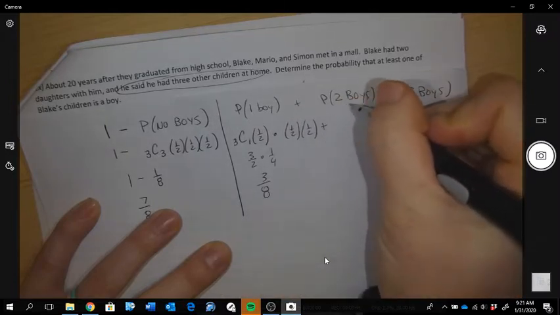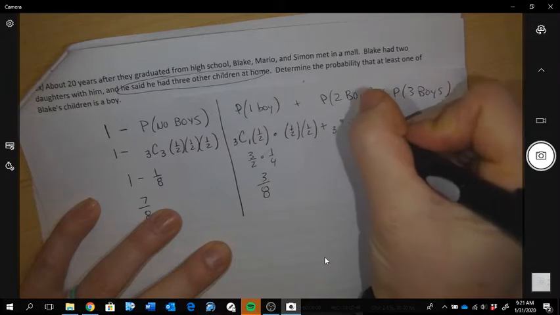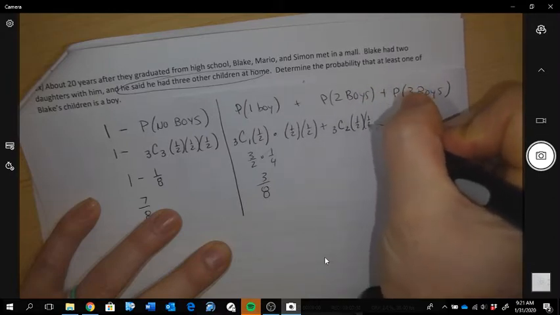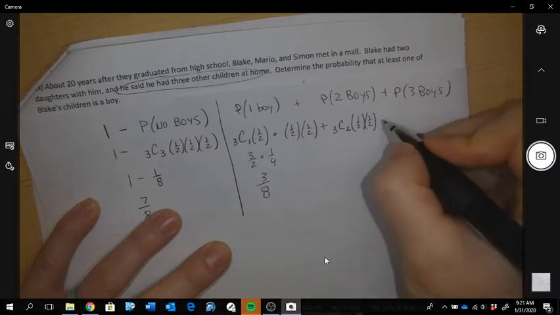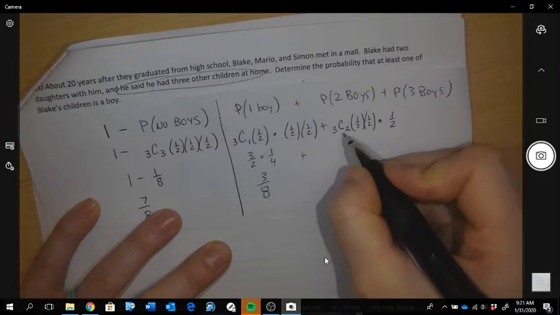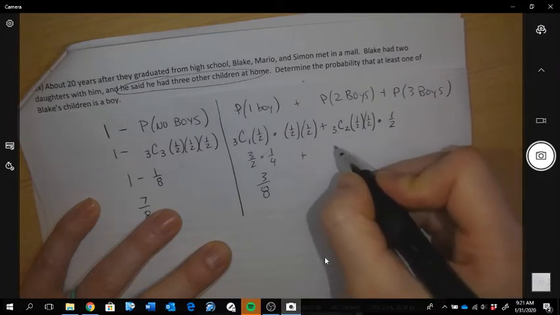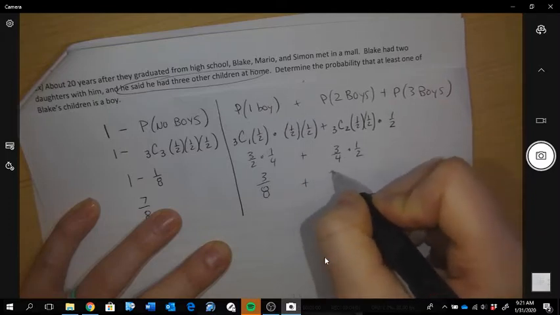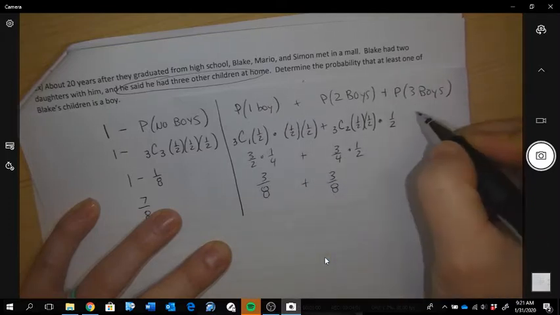Plus, so if the probability of 2 boys, so out of those 3, I'm going to choose 2 to be boys. And then that would leave us with 1 girl. So this is 3 times 1/4 times 1/2. So that's also 3/8.